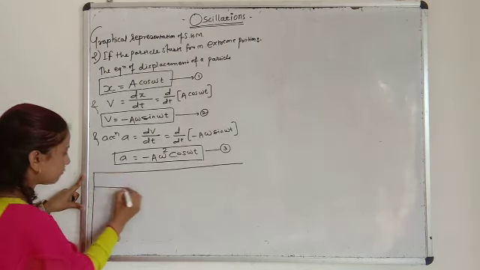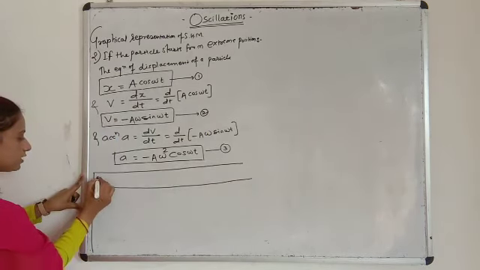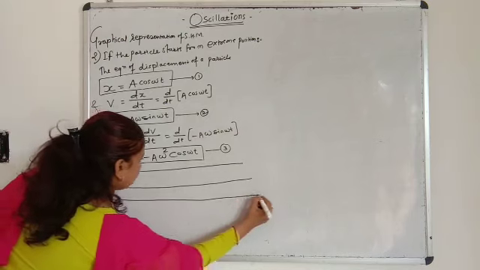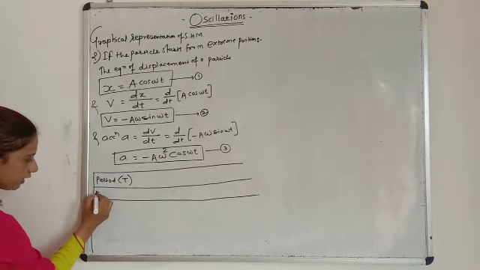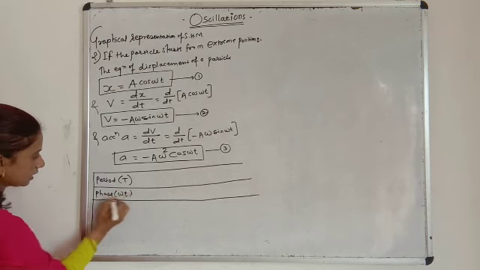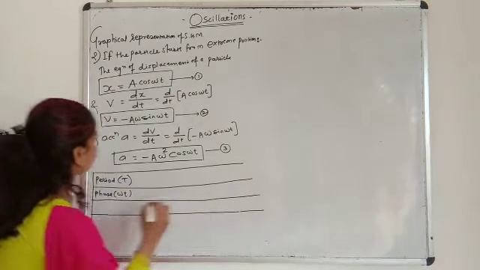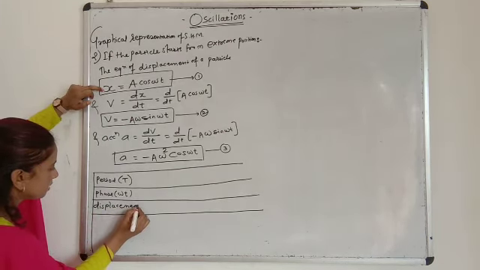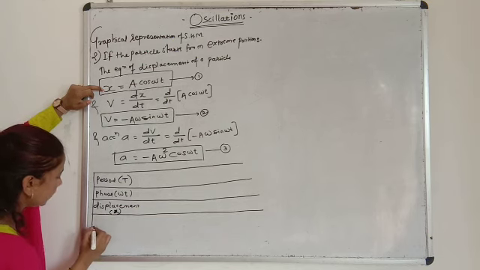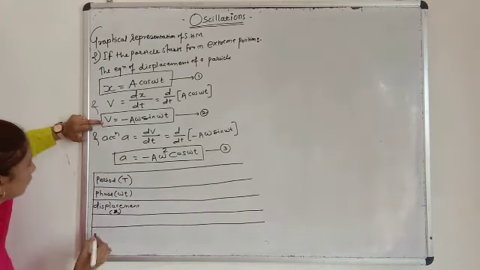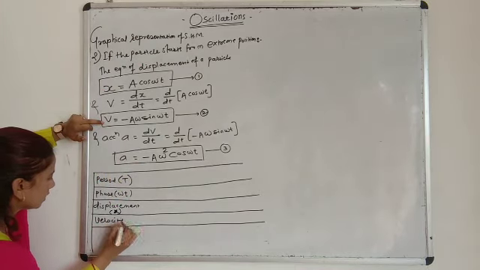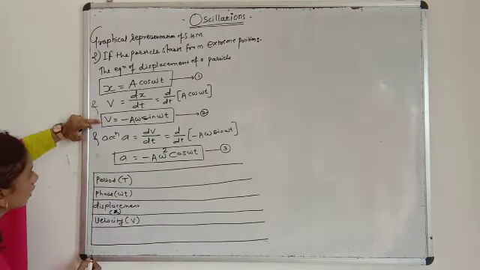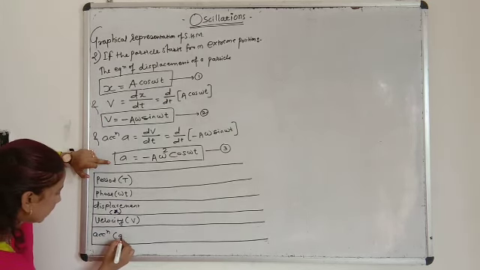So in tabular form we take first the periodic time, capital T, the period. Then we take the phase, that is omega t. Then we calculate the values of displacement x, then velocity v, and then acceleration small a.